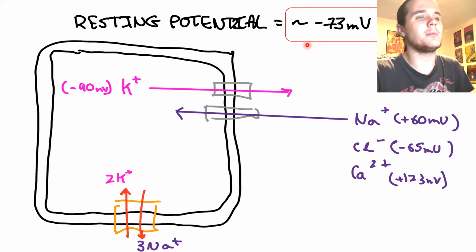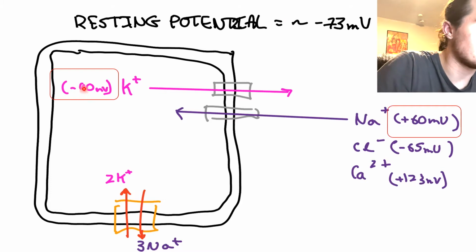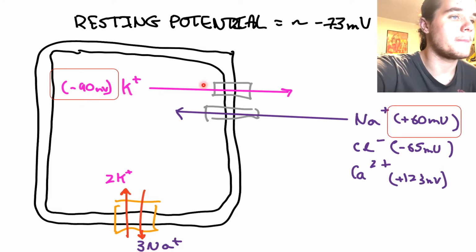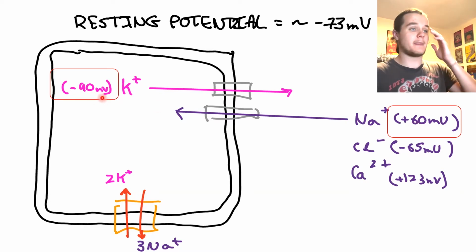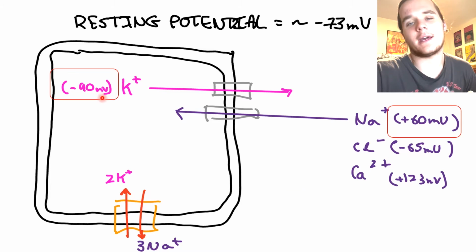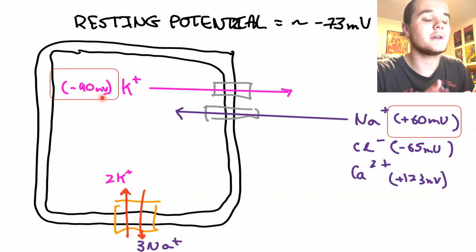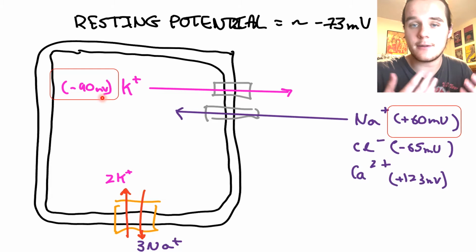A place we might want to start is with the equilibrium potentials. We've got the equilibrium potentials for all of the ions involved inside of the neuron, and we might say that we'd probably have these ions diffuse down their concentration gradients until the electrical gradient counterbalances that force.